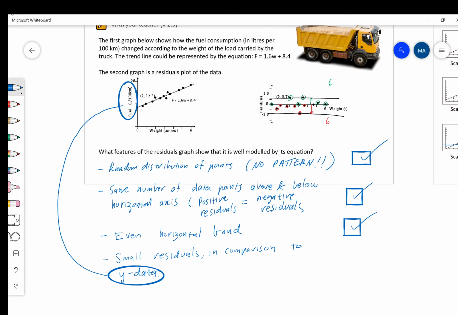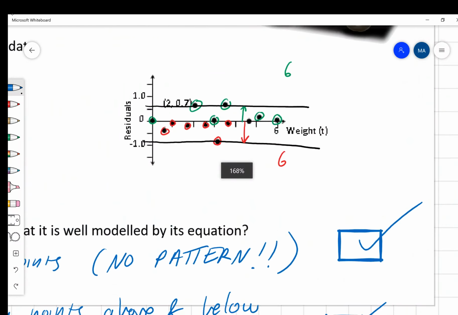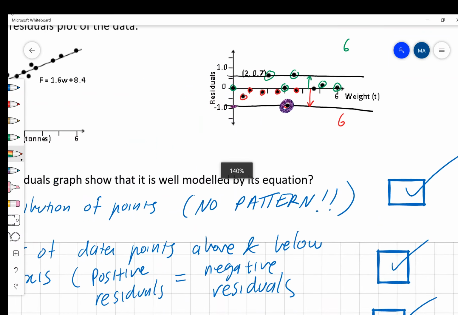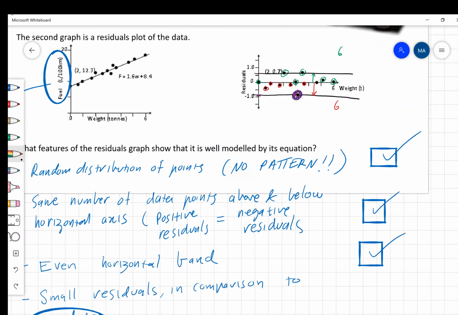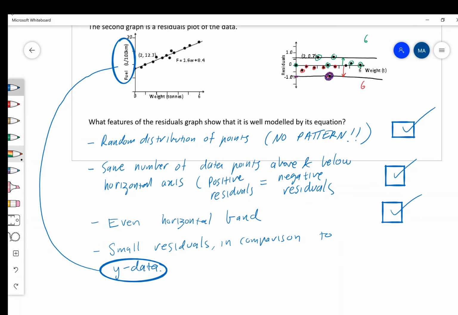Let's look for the largest residual, the largest in magnitude or size, and it's probably this one here, isn't it? It's at about negative 0.9 or negative 0.8. It's slightly bigger than these residuals up here. So let's just record that. Our largest residual is of magnitude about 0.9, or negative 0.9.